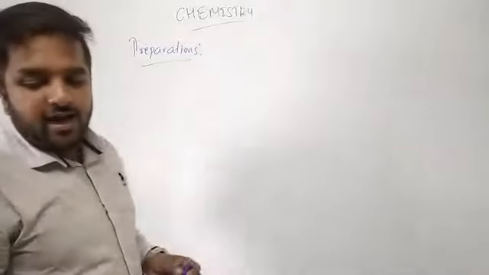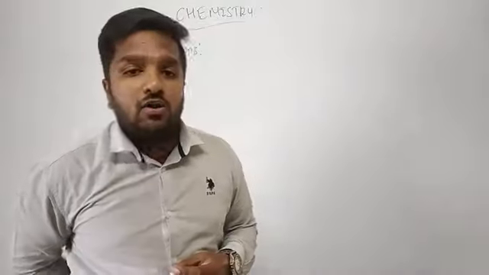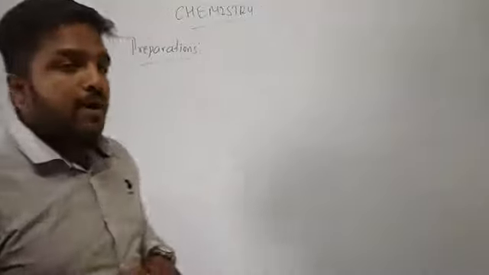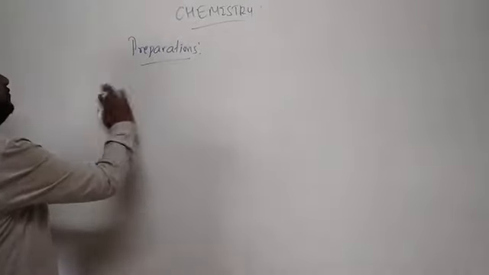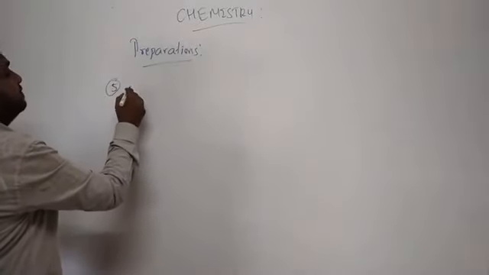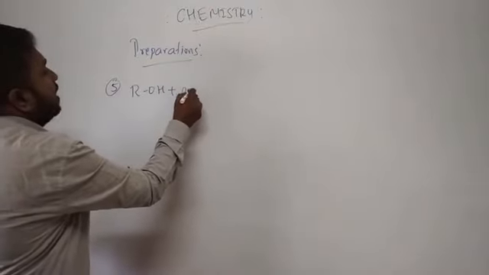And we can even get alkyl halide by treating alcohol with sodium bromide and sulfuric acid. This is the fourth type. ROH we have.